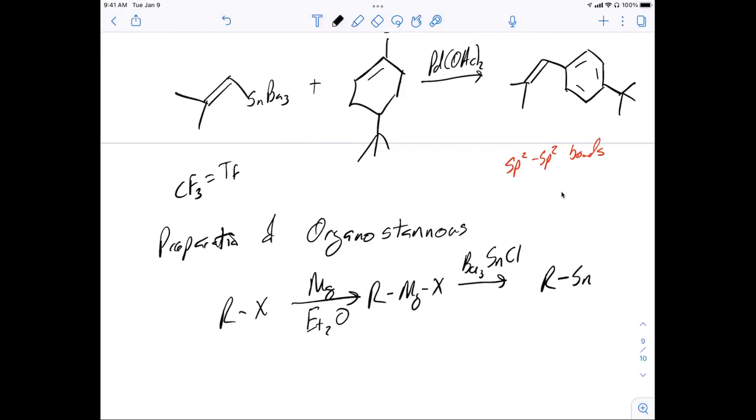And that displaces the Grignard. We get the stannane. So if we can make the Grignard, we can make the tin compound. Use the palladium and we can get the coupling towards iodide, bromide, or the triflate. Questions about the Stille?